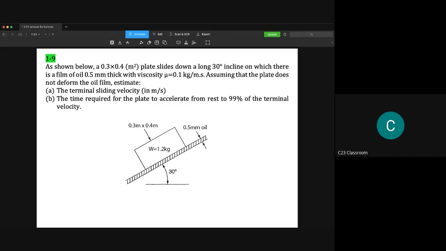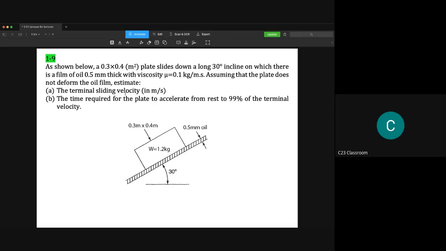So the question is, as shown below, a 0.3 times 0.4 meter square plate slides along a 30-degree incline on which there is a film of 0.5 millimeter thick with viscosity 0.1 kilogram per meter second, assuming that the plate does not deform the oil film. This means that the oil film thickness is almost constant.